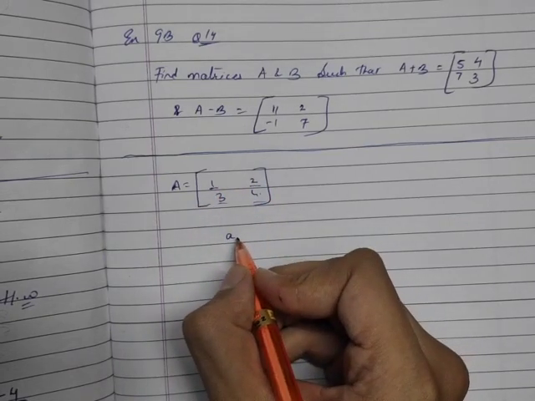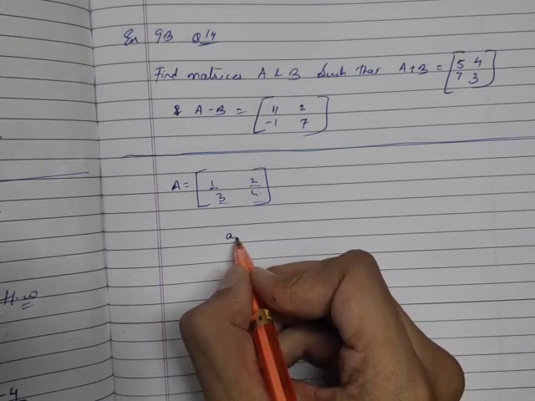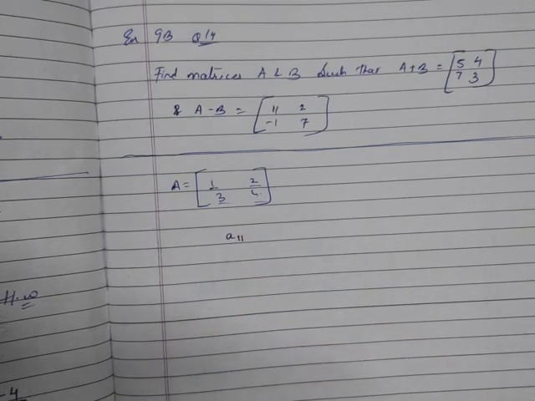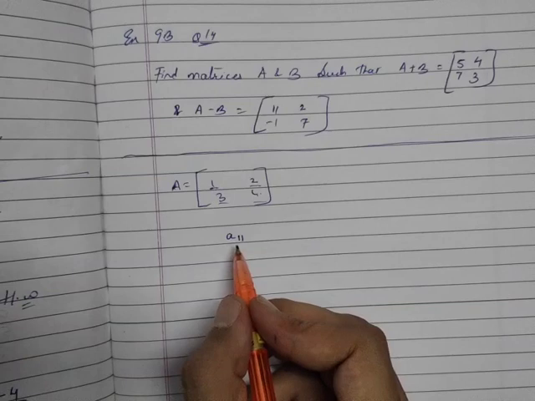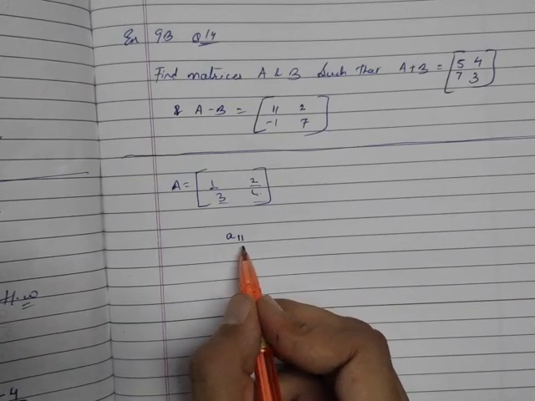So that can be written like this: element A at position 1, 1. Note that 1, 1 are subscripts.